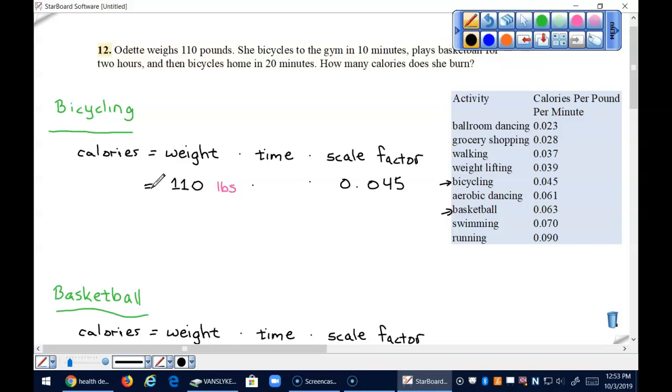So I'm just going to bundle together all of her bicycling, 30 minutes. There's 10 and 20, and there's 30 minutes here. I might not normally write the unit analysis, but since I just talked about it, then I will.